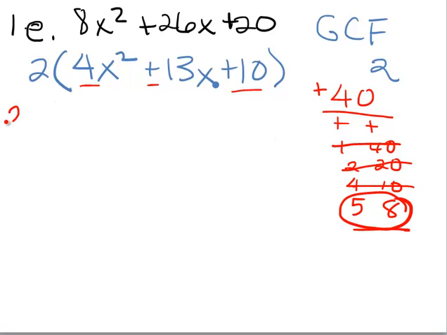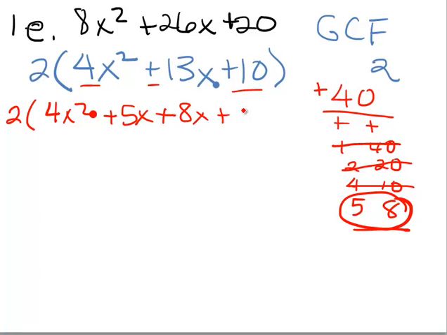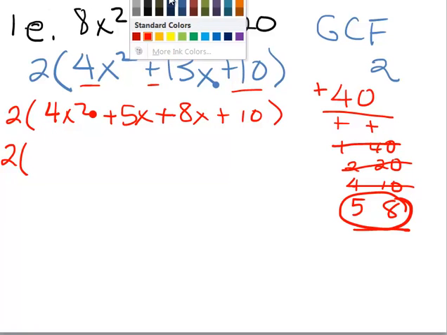So over here I have 2 times 4x squared plus 5x plus 8x plus 10. And I know I could have arranged it differently, but it's not going to matter in the end. So here, let's change color because we can.